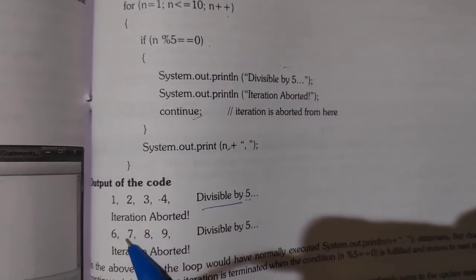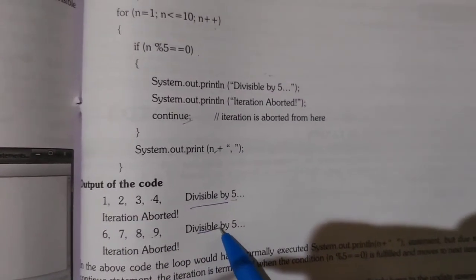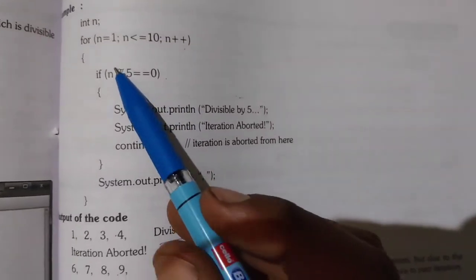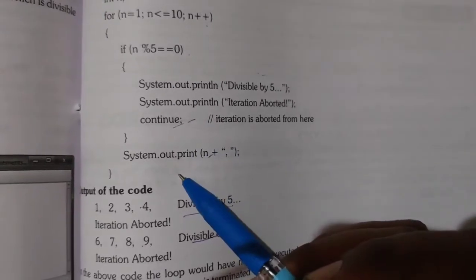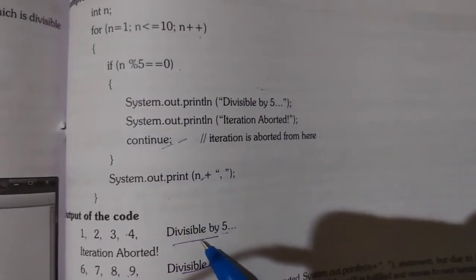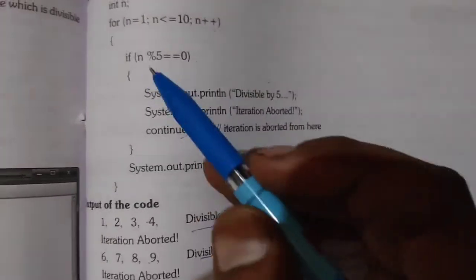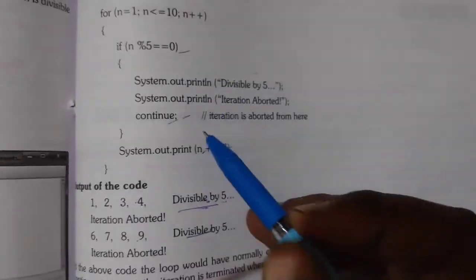After that 6 7 8 and 9 will be printed, and 10's iteration will be skipped because these two conditions are true, because 5 modulus 5 is 0, and 10 modulus 5 the remainder will be 0. So twice the iteration will be skipped with the help of the continue keyword.